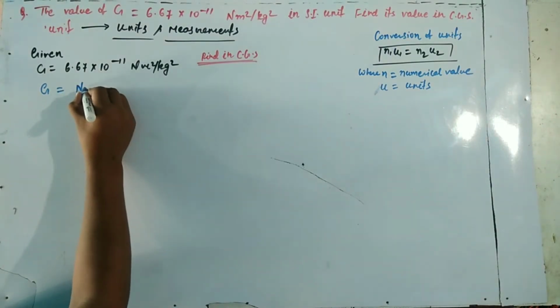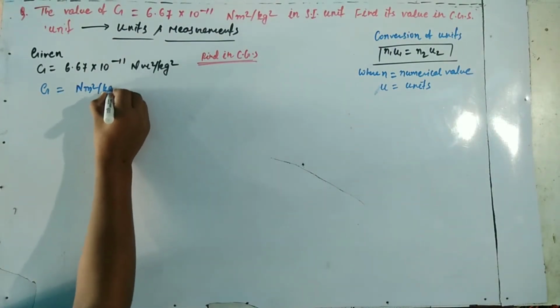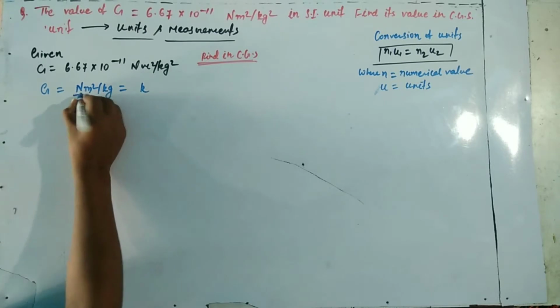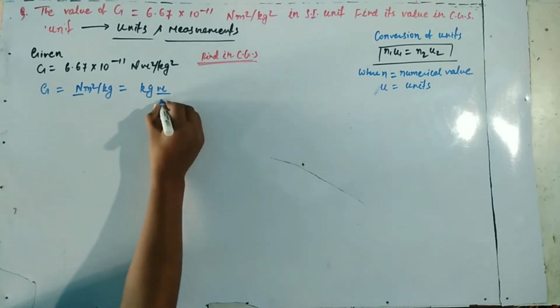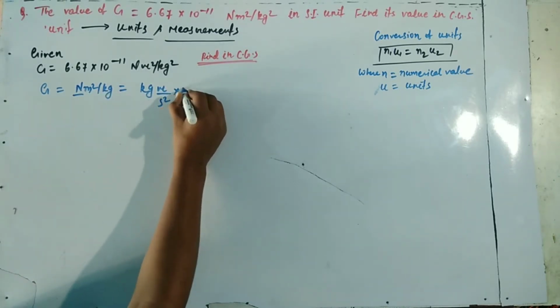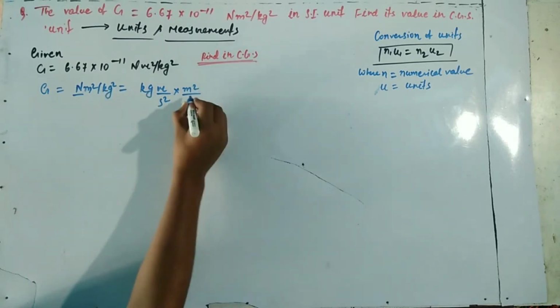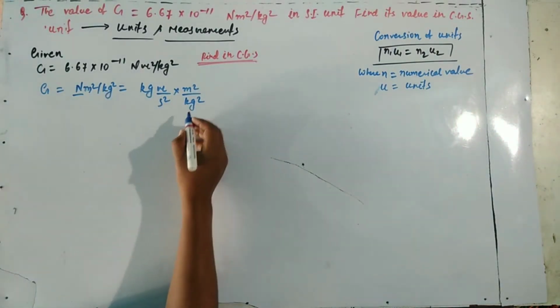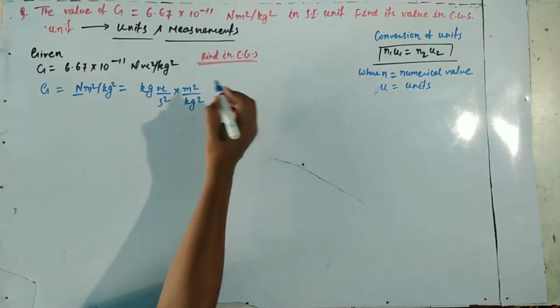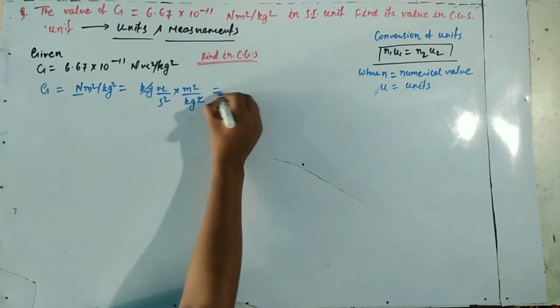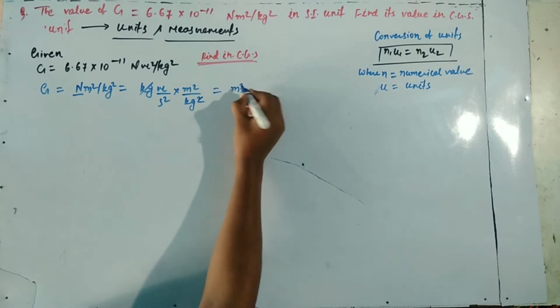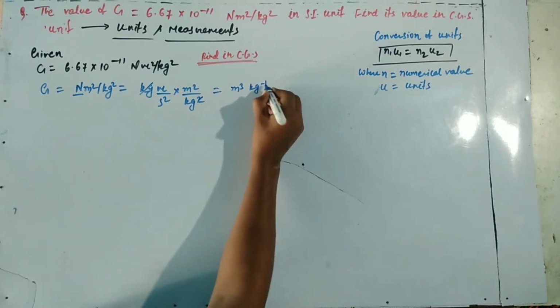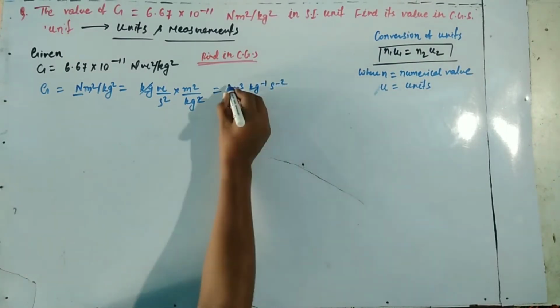Given G in SI unit, Newton meter square per kg square, is equal to kg meter per second square into meter square by kg square. Kg square cancels, which equals meter cube per kg per second square.